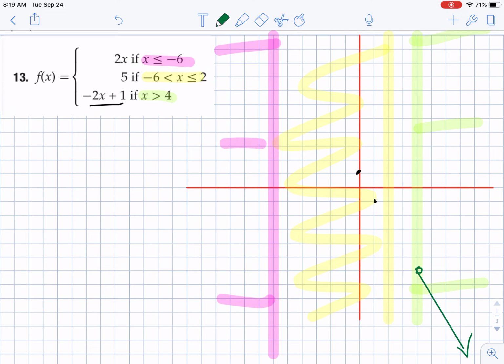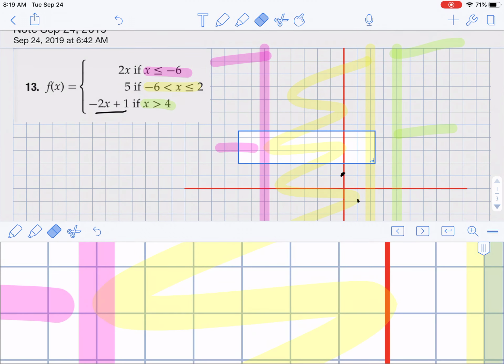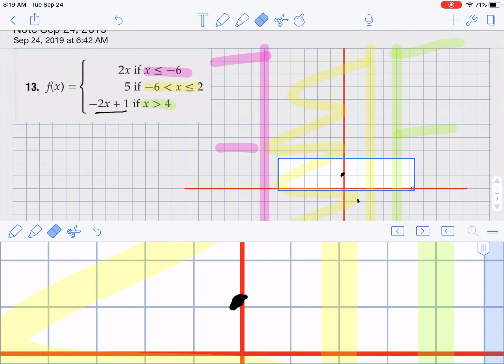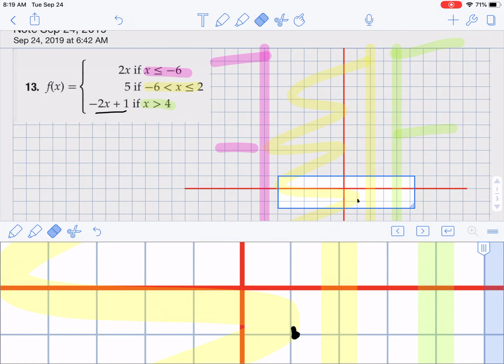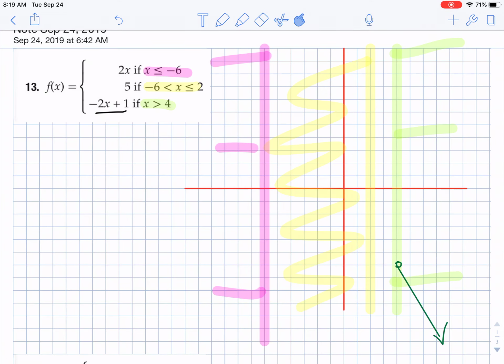I'll delete those 2 points that I used to draw the line, because I really don't need them now. They're not part of that. And so there's the green line, and for that matter, I don't need the green boundary anymore either. All right, so there's that section of it.